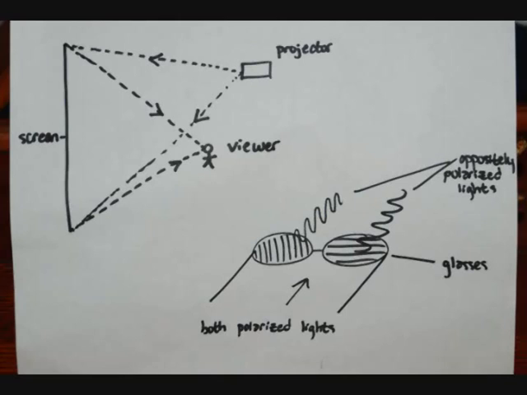During projection, when you view it, the image is passed through two polarizers that are perpendicular to the image. What I mean is, your glasses are also polarized to the respective lens. Your right lens is polarized with the right projection lens, and your left lens is polarized to the left projection lens.